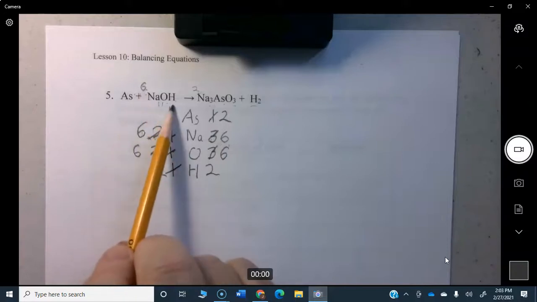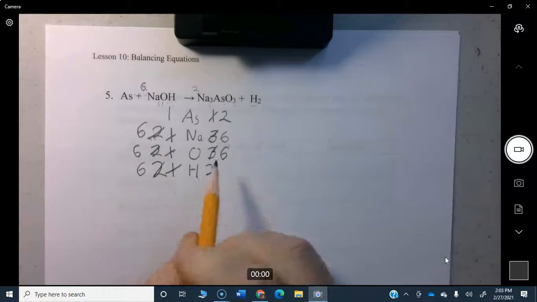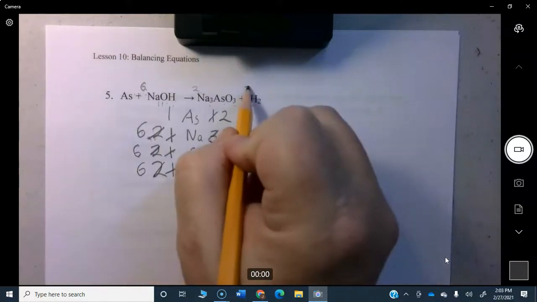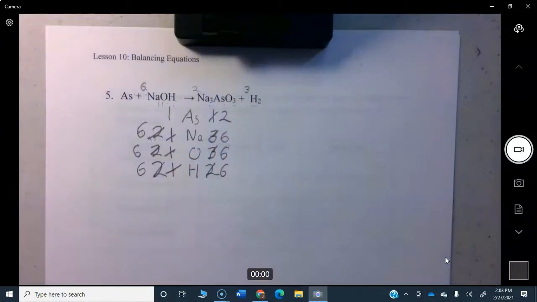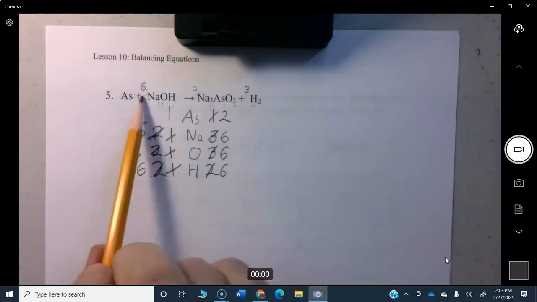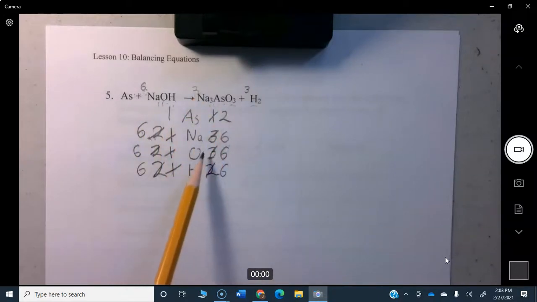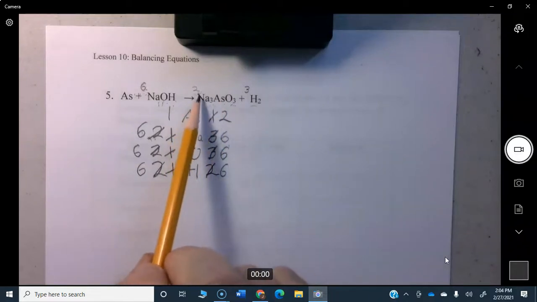Now I have 6 hydrogen, so I got to change that. And now hydrogen is out of balance here, so to put it back in balance, I need to put a 3 there. So now that has 6. Okay? So 6, 6, 6, and 6, 2 times 3. 6 times 1 is 6, and 2 times 3 is 6 for oxygen. And for acetane, it's 2.